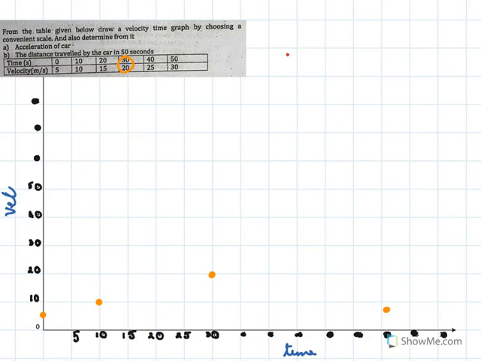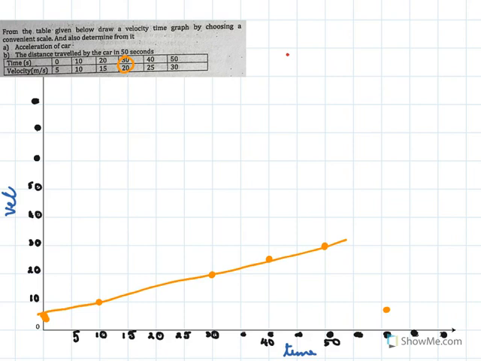So we have 40 here and 25 would be somewhere here. Then time 50, velocity 30. So this is 40, this will be 50. So time 50 and velocity 30 would be here. And this would be the graph.